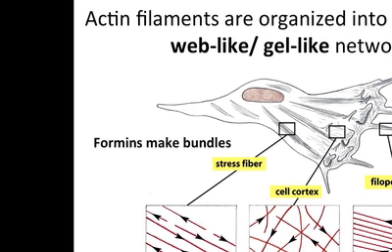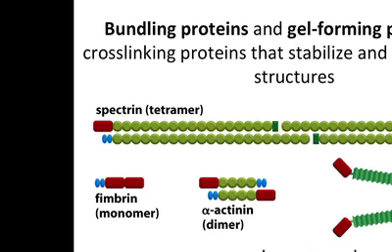And that kind of actin structure is associated with motility. Whereas contractile bundles, sometimes you'll find them during movement, for example in the rear of the cell to help scooch the cell forward. And that's made by formin.